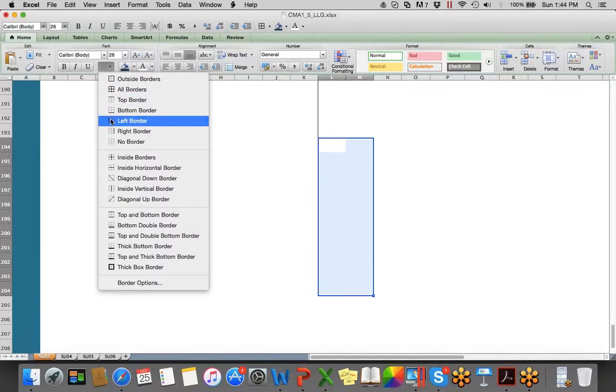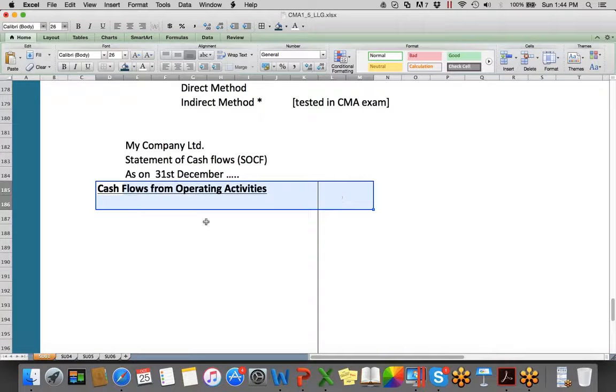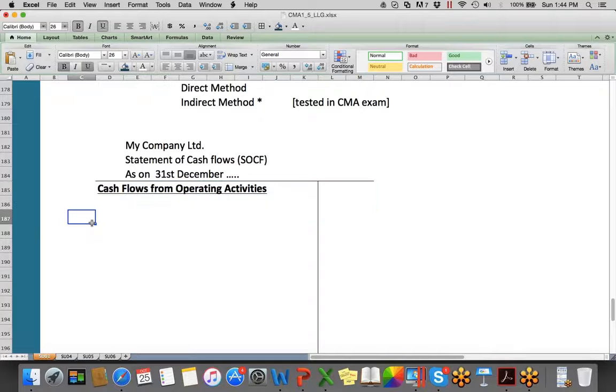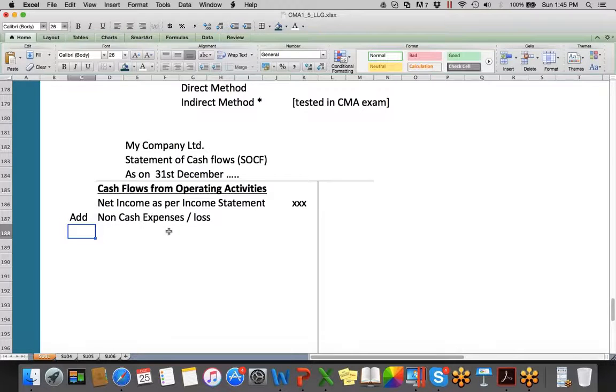These amounts are the real cash flows which you received from the core operations of business based on the nature of your business. Say, for example, you are into selling of electronic goods. What amount of cash you generated by selling of your electronic goods? So, you take net income as a base, net income as per income statement, that is profit and loss account. Take the amount here, add non-cash items, non-cash expenses and losses.